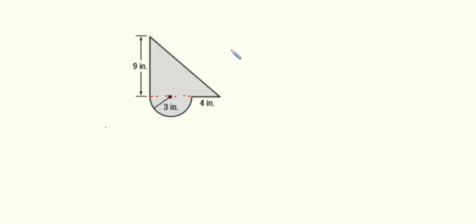I know that the formula for the area of a triangle is area equals 1/2 base times the height. As I look at the base, I have to do a little bit of math here. I see that the radius of this circle is 3 inches.